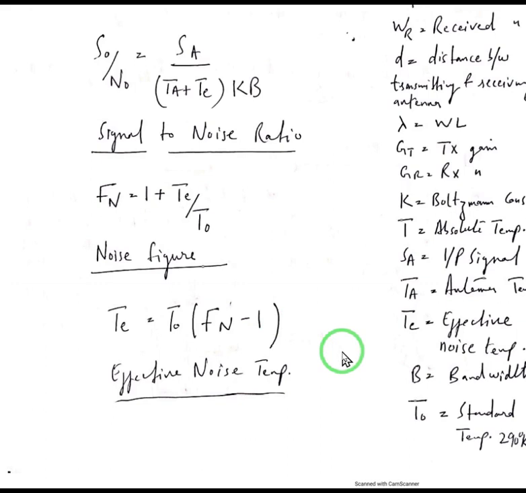Effective temperature is basically the antenna temperature that is generated from the noise in the effective area of the antenna, and it is calculated from the noise figure, that is T naught times (Fn minus 1) is the effective noise temperature.